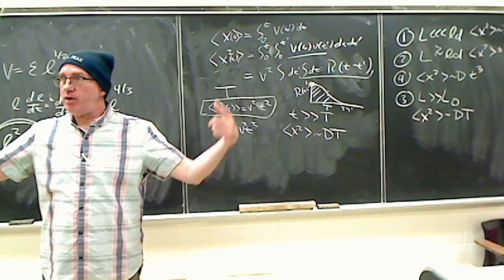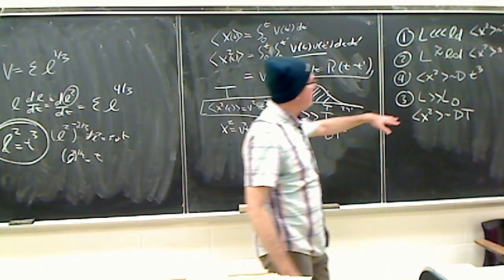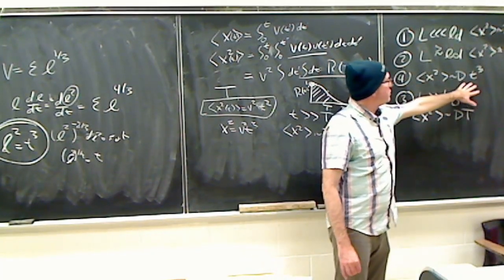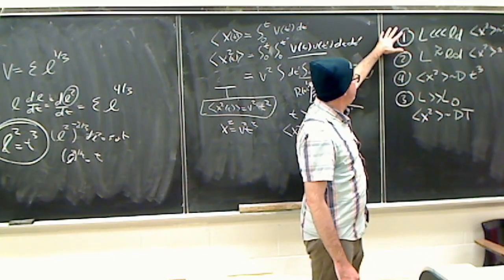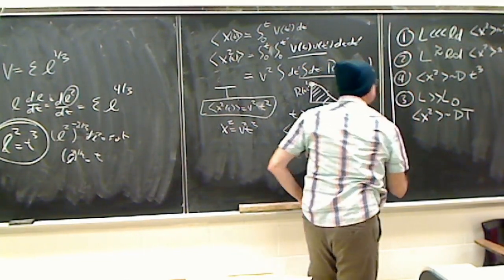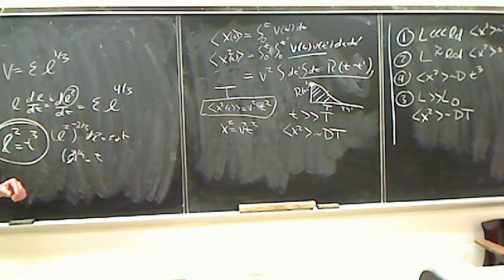And as they move further apart, the rate that they're separating continues to get bigger, faster. So in the inertial range, the mean squared displacement goes like t cubed. So we have these four different ranges that we need to think about when we're talking about turbulent diffusion.